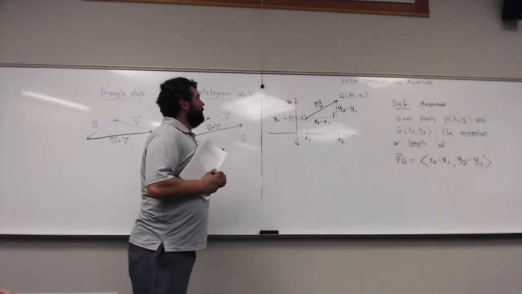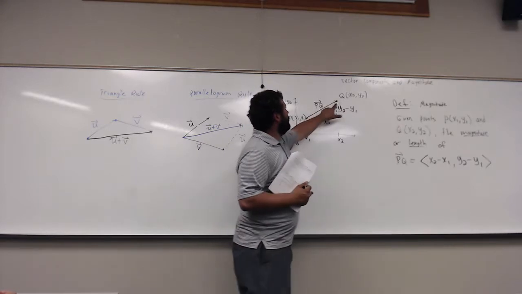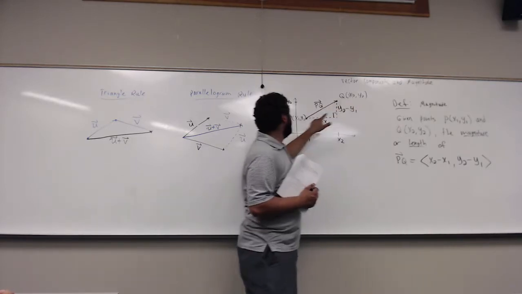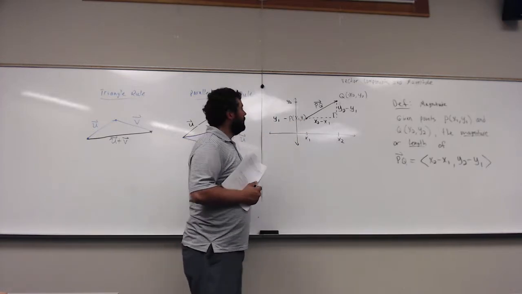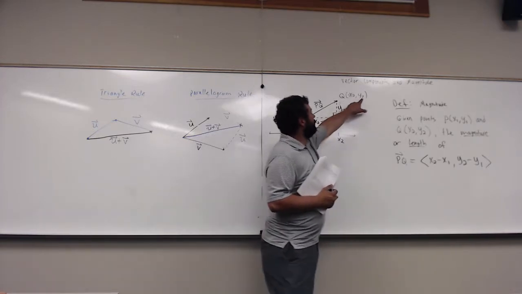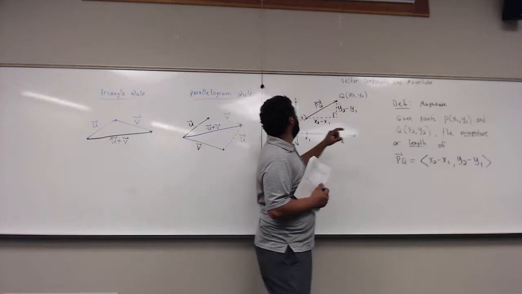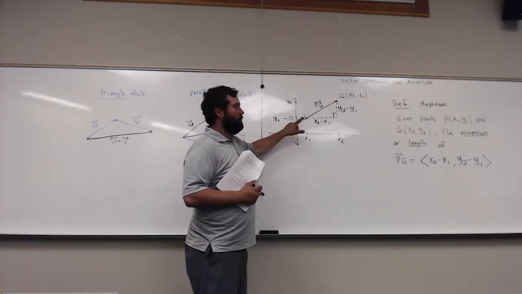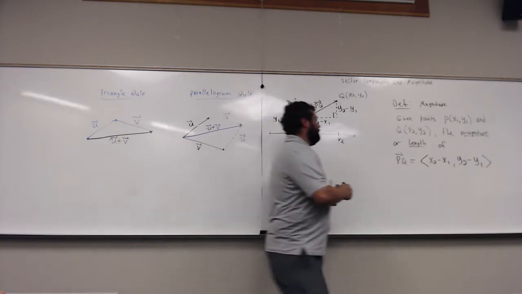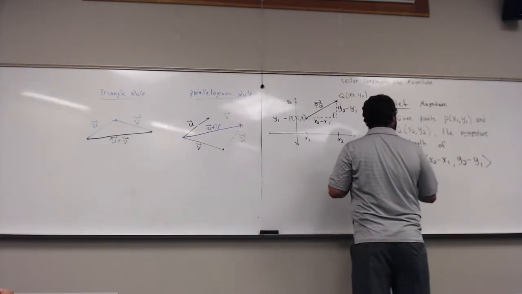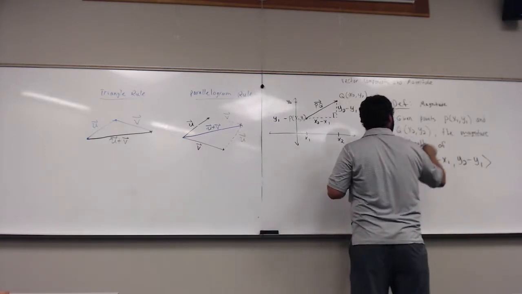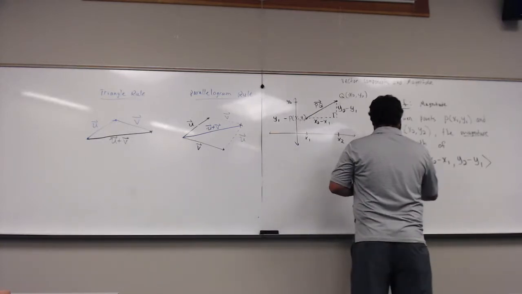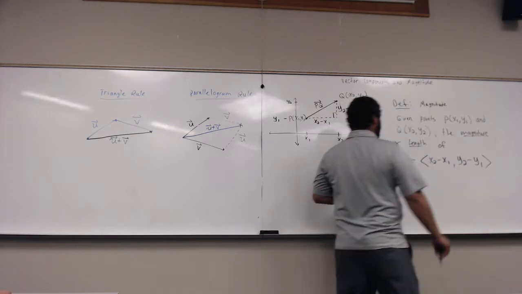So if you're starting at P and finishing at Q, the first component is just the finishing x-coordinate minus the initial x-coordinate. And the y component is just the y coordinate of Q minus the y coordinate of P. And the magnitude or length of this vector PQ, the symbol is going to be just like for absolute value.